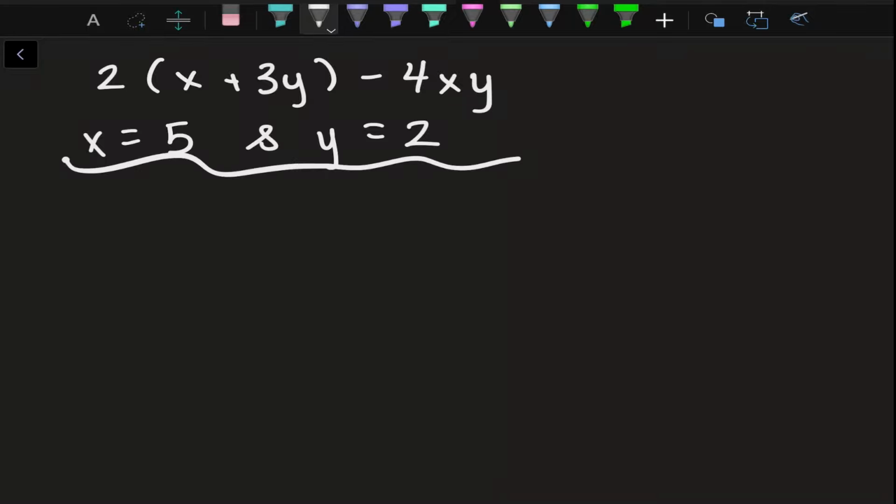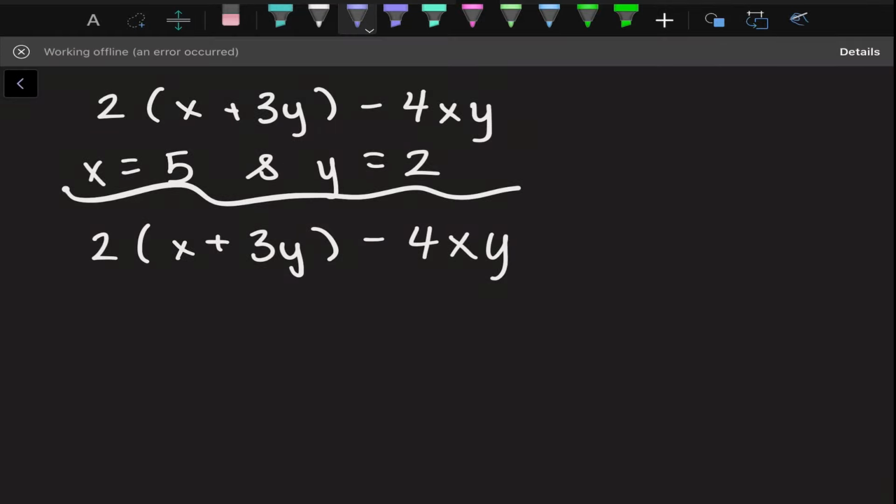Okay, so that's my question. So first step, write the equation out. 2x plus 3y minus 4xy. Now, what do I notice here?